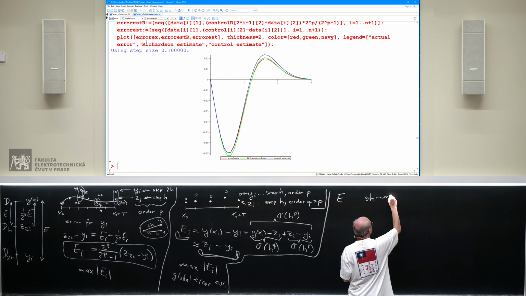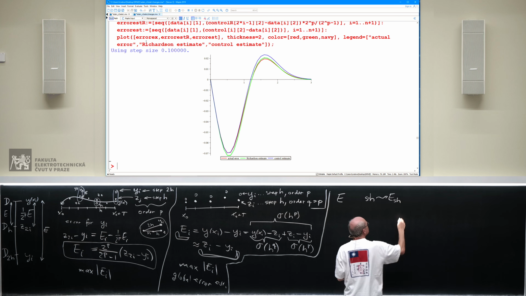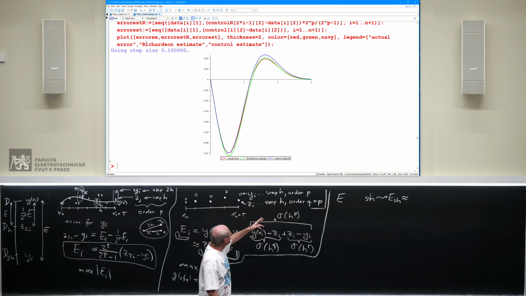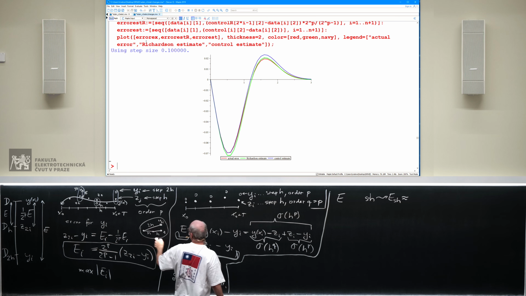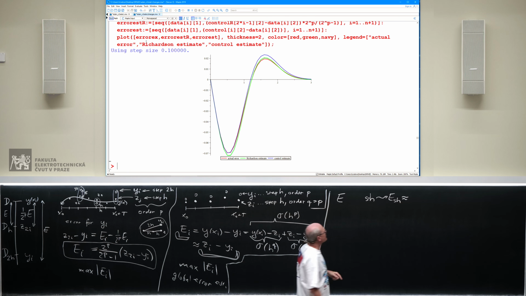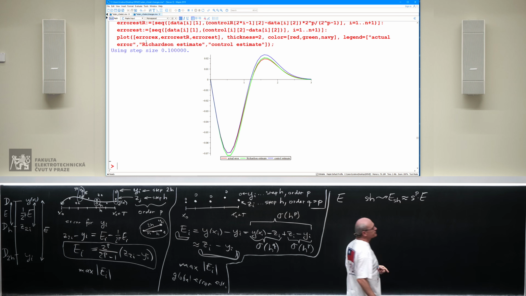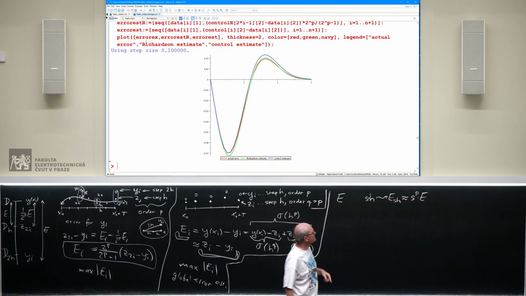Well, the new error will be, let's call it ESH, according to the method of power of order p, which we have over here and over here. The new error will be s to power p times e, the estimate that we had before.